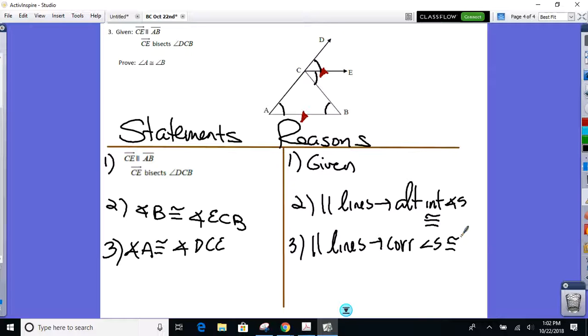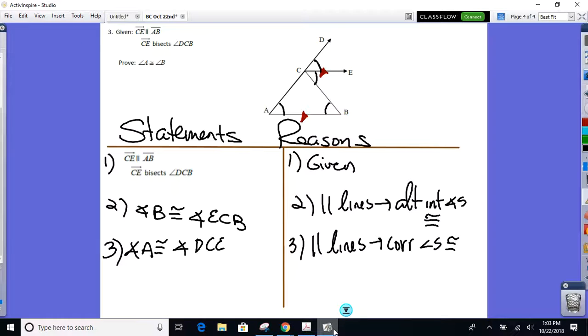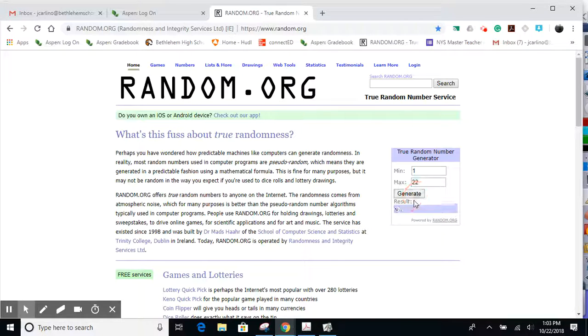Can you go right to say A is congruent to B from these two statements? No, this is not substitution. Plus, we haven't used the given yet, have we? What given have we not used? 20. Which given have I not touched? Yep, that DCB is getting bisected by CE. What two angles now are congruent if that's true? 5.